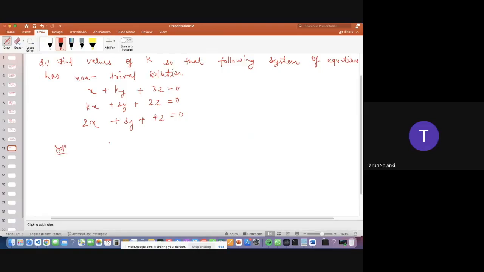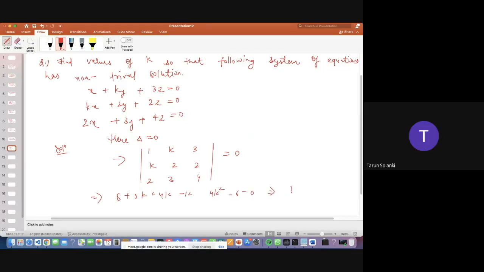So solving here, delta is equal to 0, that means the determinant with rows 1 k 3, k 2 2, 2 3 4 is equal to 0. So 8k plus 9 plus 4k minus 12 minus 4k square minus 6 is equal to 0.